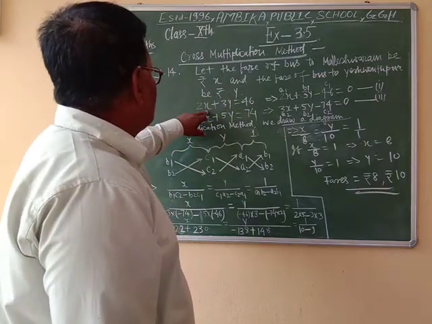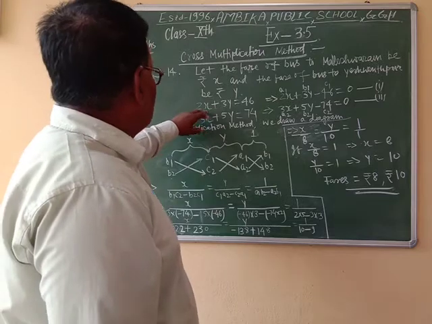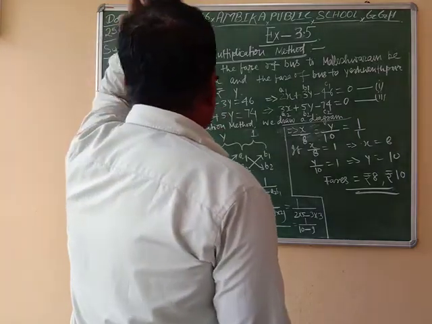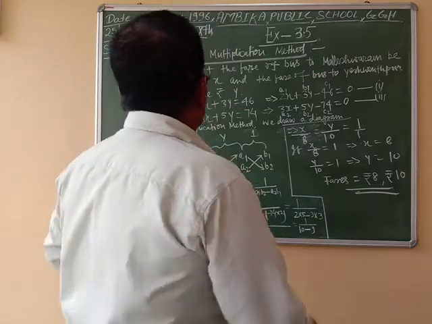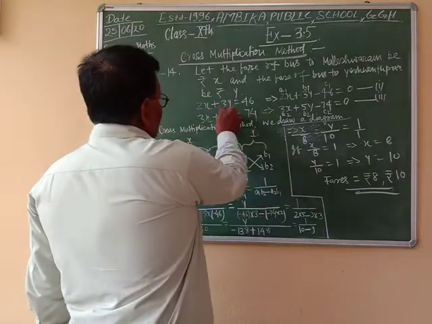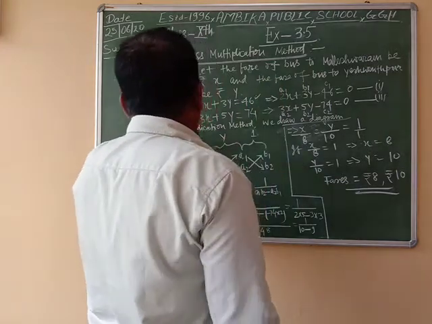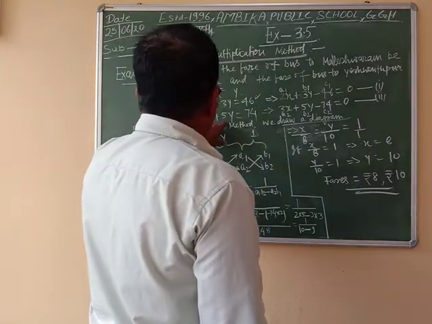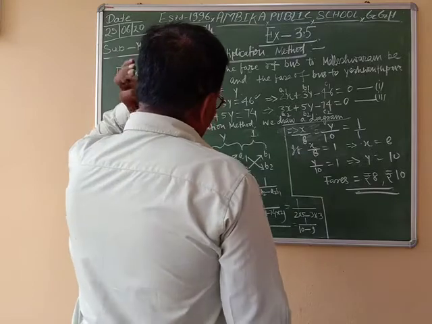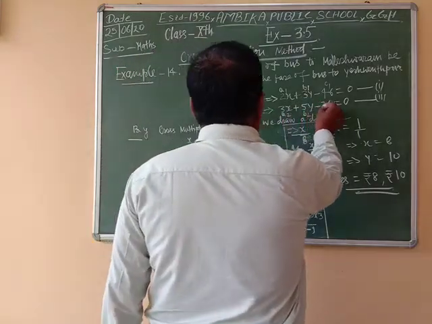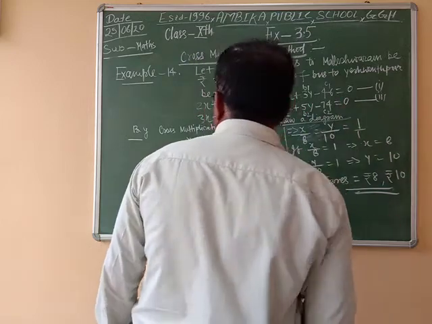The cost of 2 tickets is 2x, and the cost of 3 tickets to Yeshwantpur is 3y. 2x plus 3y, total cost is equal to 46, and again 3x plus 5y. By the second condition 3x plus 5y is equal to 74, or 3x plus 5y minus 74 is equal to 0.